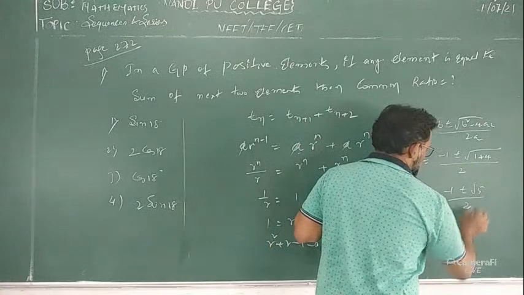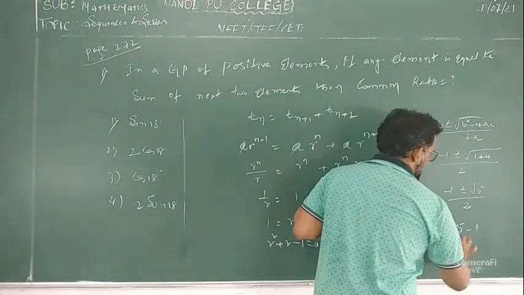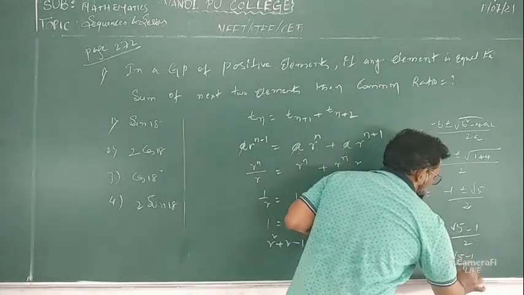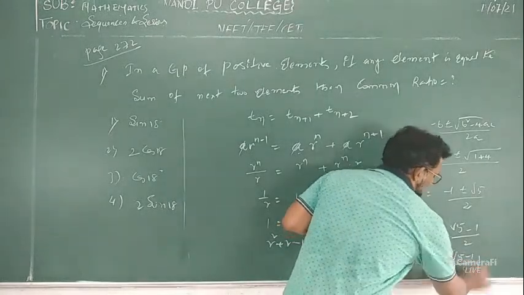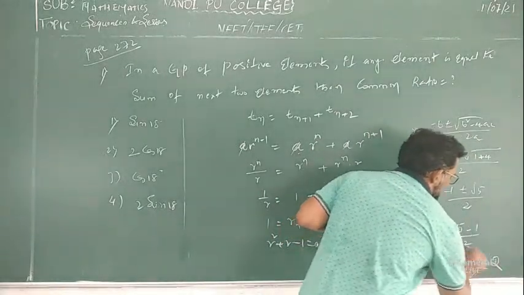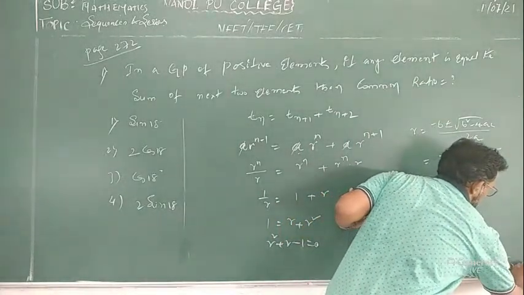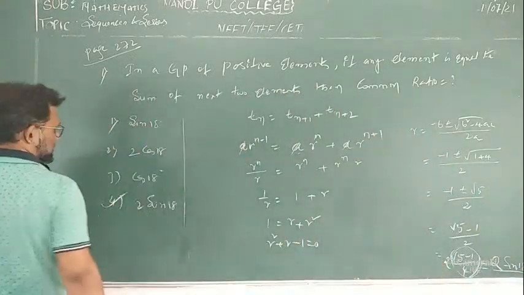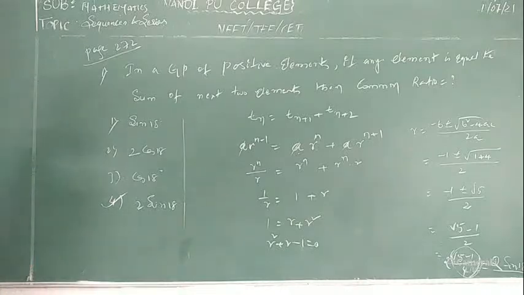So this is nothing but root 5 minus 1 by 2. This can be written as root 5 minus 1 by 4 into 2. This value is equal to sin 18. So the answer is 2 sin 18. Fourth option.